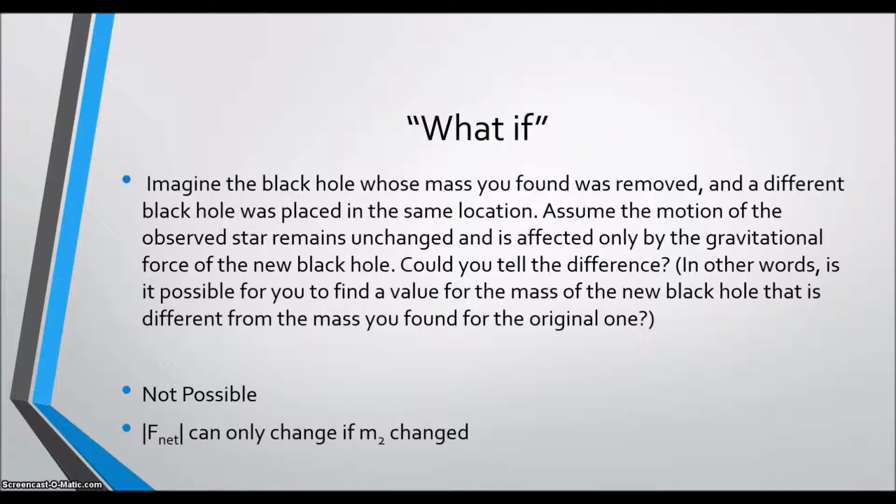So what it's basically asking is, if we have everything the same, the G constant is the same, the mass of the star is the same, the position is the same, and Fnet is the same, could we find a different mass for the black hole? And that's not possible, because for a different mass Fnet would have to be different. Because everything else is the same, Fnet should be different, and because it's not, we cannot find the mass of the new black hole.